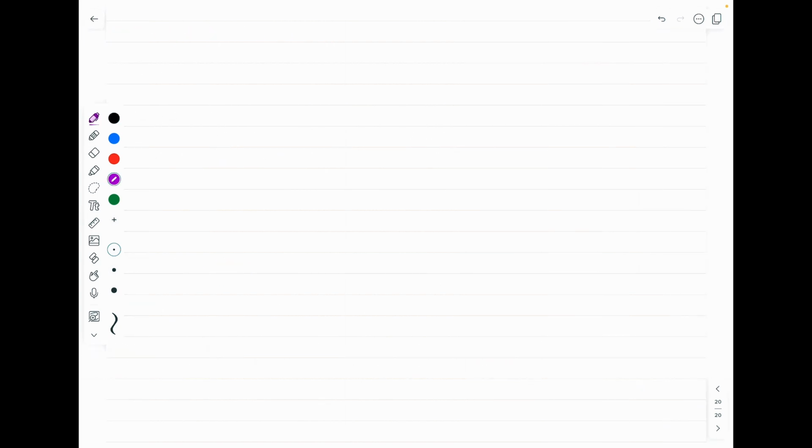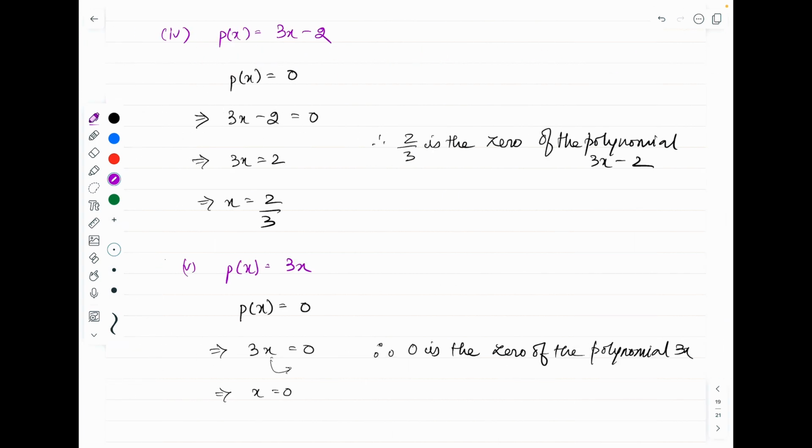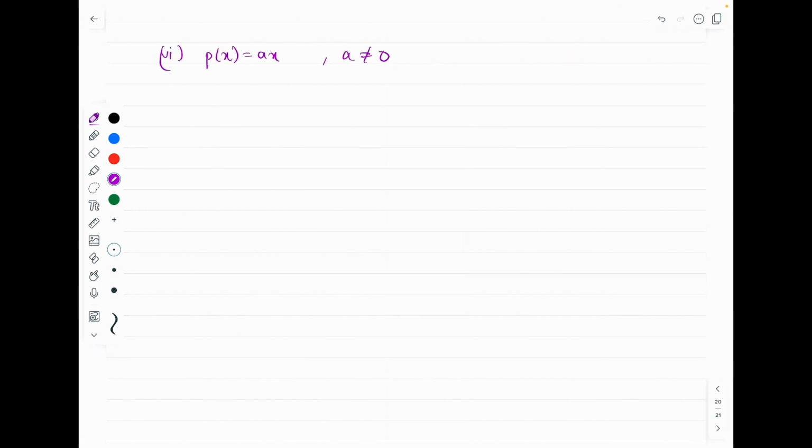Now the sixth question is given as p of x equals ax, a not equal to 0. See, it is the same thing. 3x was given; instead of 3 it is given an a, which is an unknown constant now. So same thing, you make p of x equals 0. That means instead of p of x we write ax equals 0.